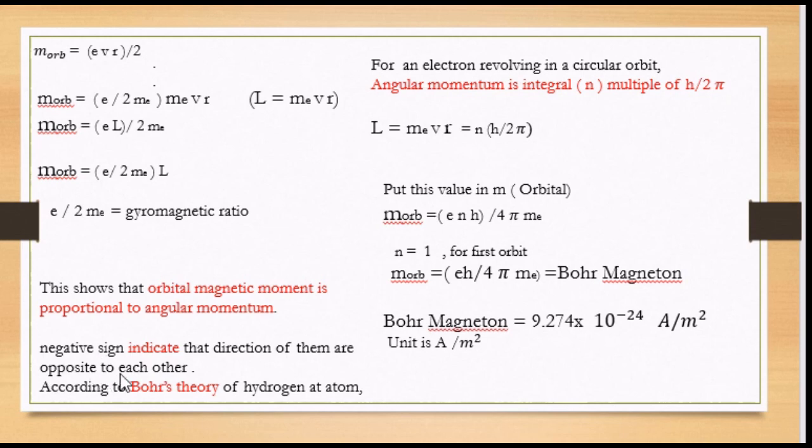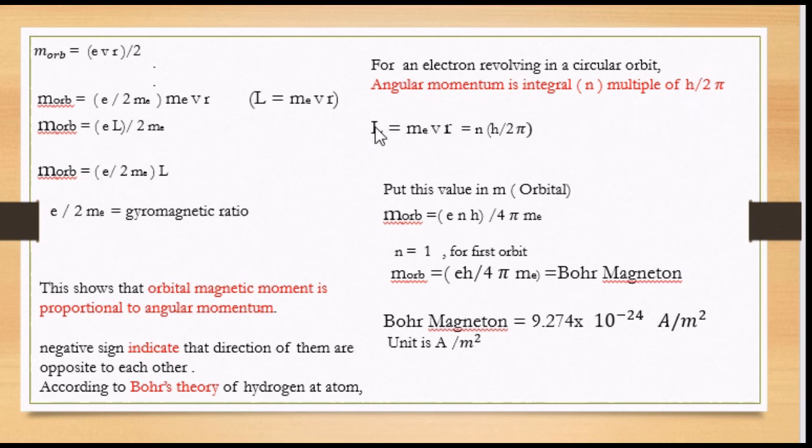After that, according to Bohr's theory of the hydrogen atom, there is a second postulate in which the electron revolves in a circular orbit. Whenever the electron revolves in a circular orbit, the angular momentum is an integral multiple of h upon 2 pi. What is h? h is the Planck constant.